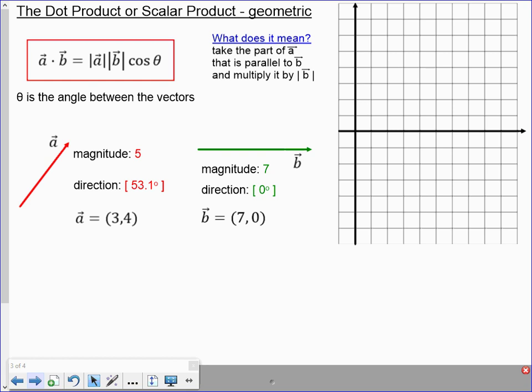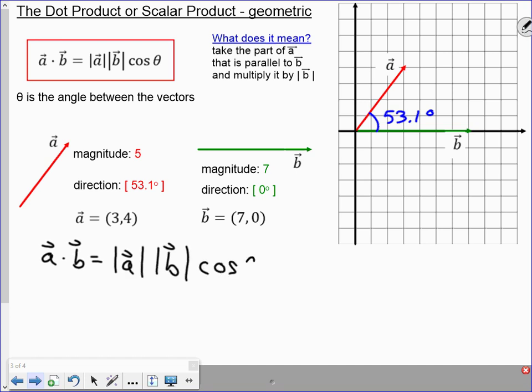So we imagine vector A and vector B placed tail to tail. We want to know the angle between these two vectors. Well, in this case, it's just going to be the 53.1 degrees. That's the direction for A. So if we're working out down here at the bottom, A dot B, we can just use that formula. Magnitude A, magnitude B, cos theta.